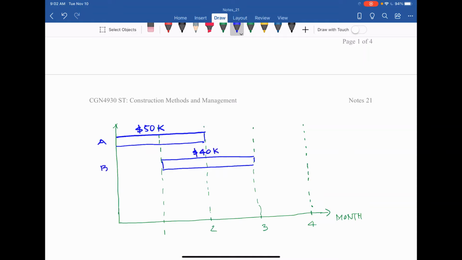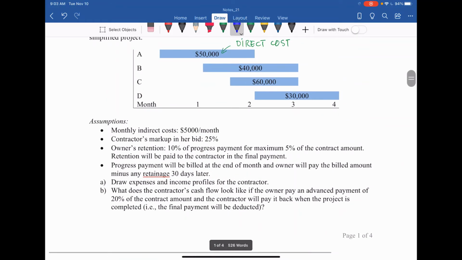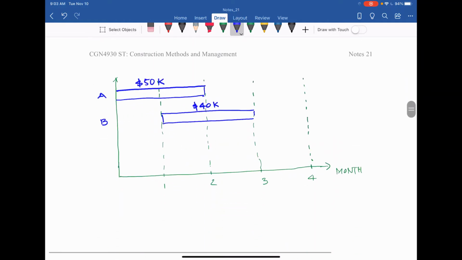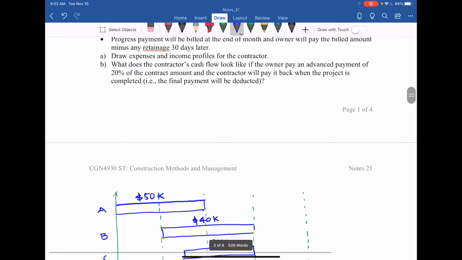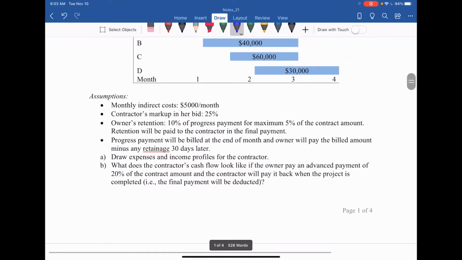Then activity C, 60,000, the second half of month 2 and month 3. And activity D, the last 2 months, 30,000.